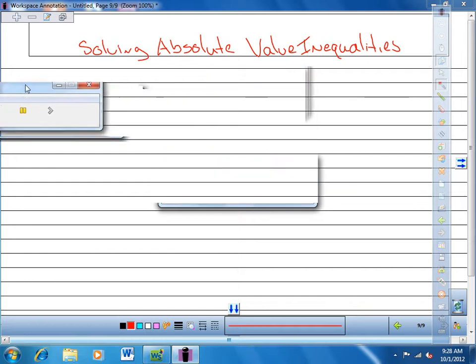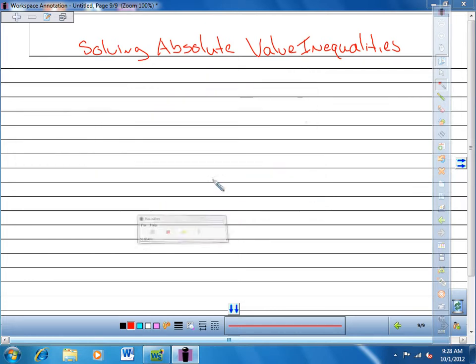In the last chapter, we solved some absolute value equations, which some of you didn't do too great on. But if I saw something like this, x plus 3 equals 7, does anyone remember how you solve that? This is just kind of a review. This is not an inequality. You break it into two parts.